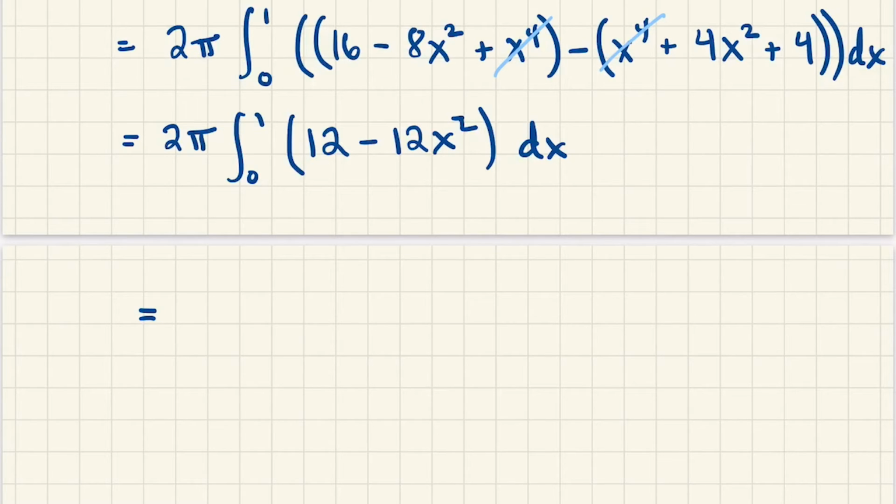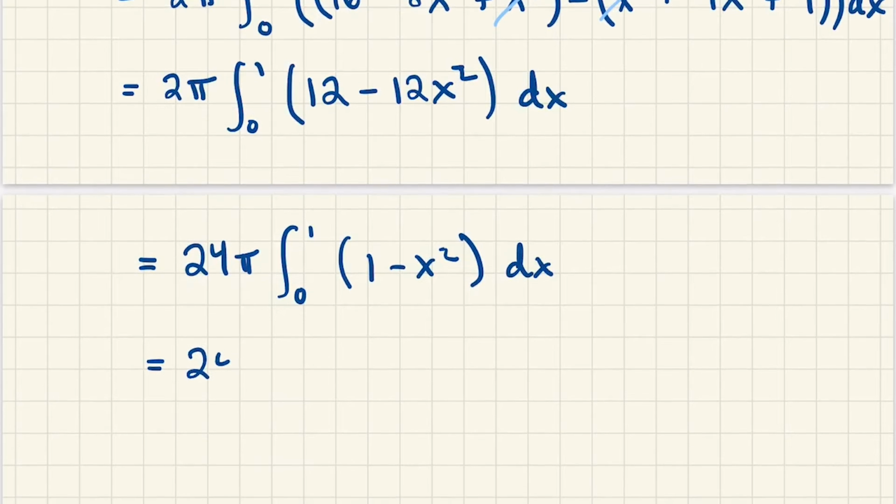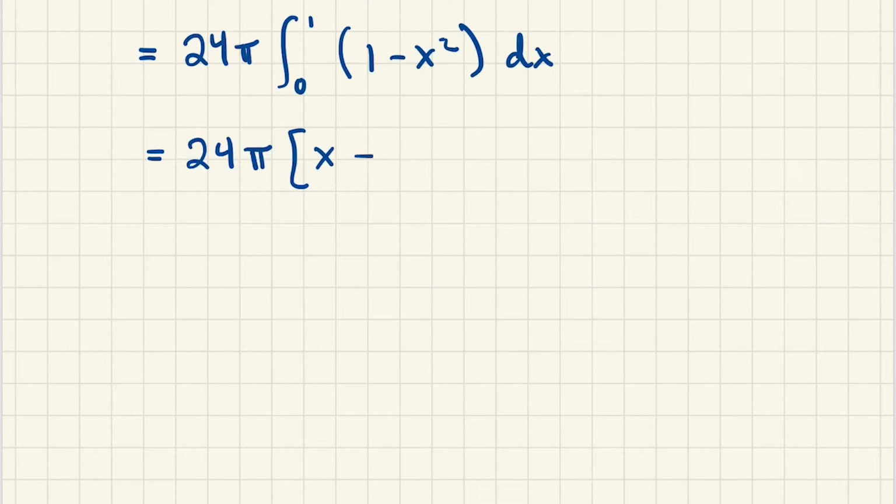So we can factor another 12 out of this, giving us 24 pi times the integral from 0 to 1 of 1 minus x squared. Very nice. So I think we're ready to integrate this thing. 1 integrates to x, and then x squared to 1/3 x cubed. Our lower bound is 0, and our upper bound is 1.